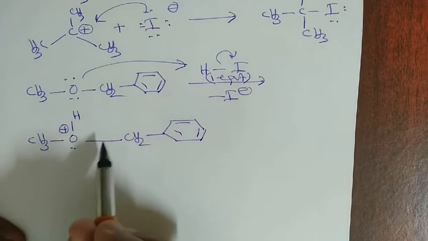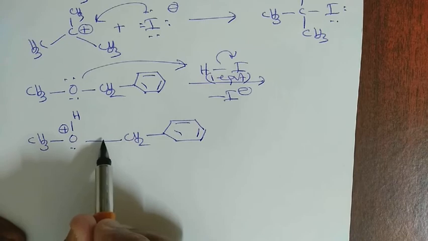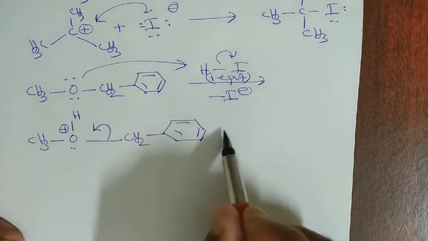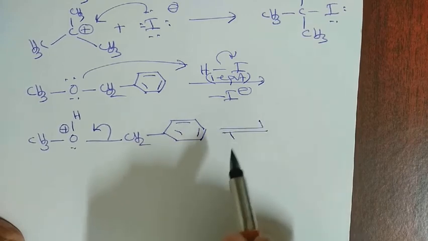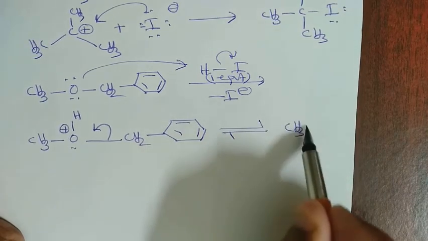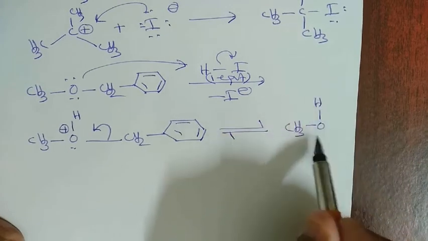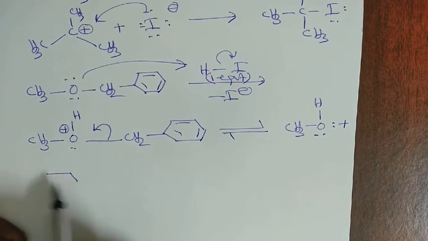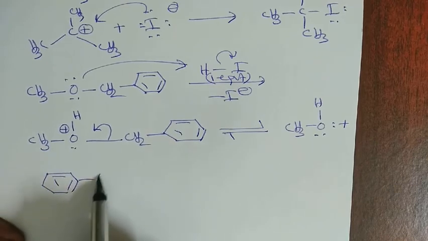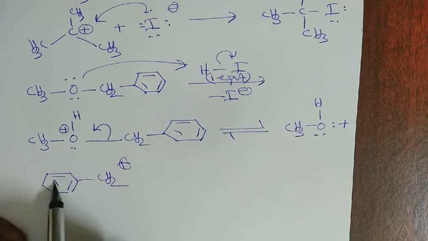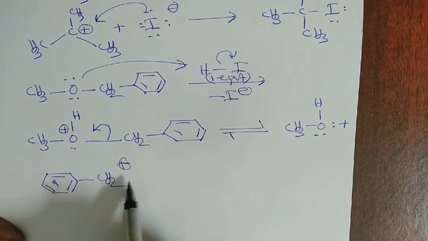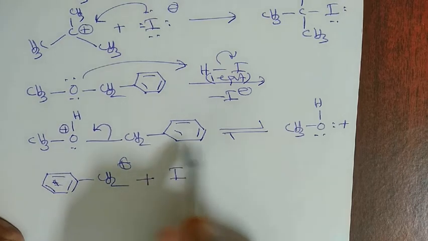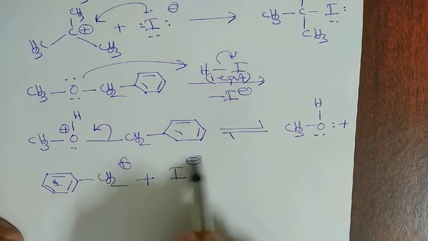First of all, the ether is protonated, then the protonated ether dissociates to form methanol and benzyl carbocation. Benzyl carbocation is stable, hence the dissociation takes place.